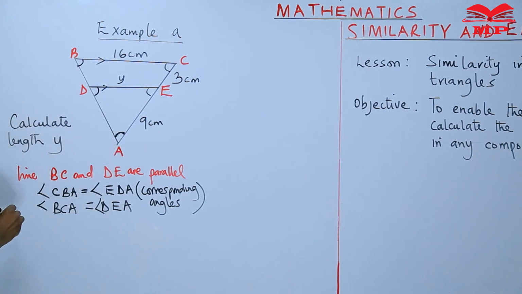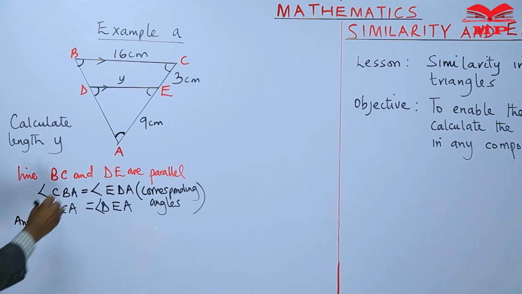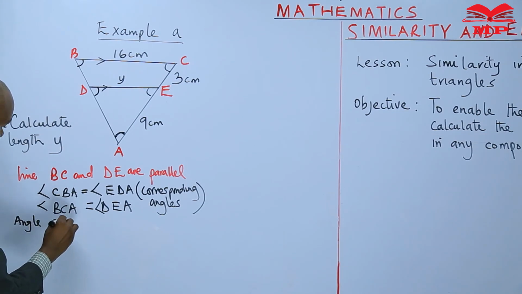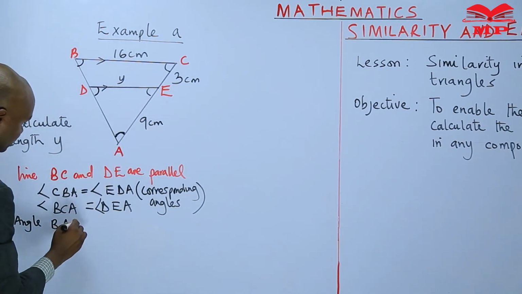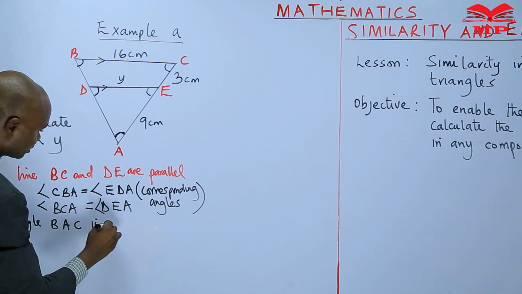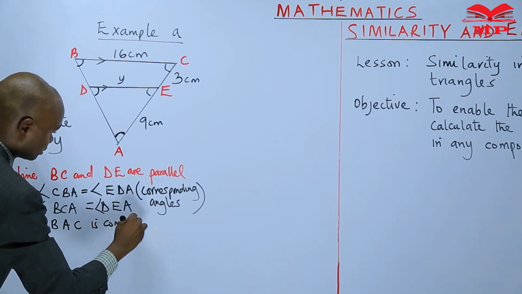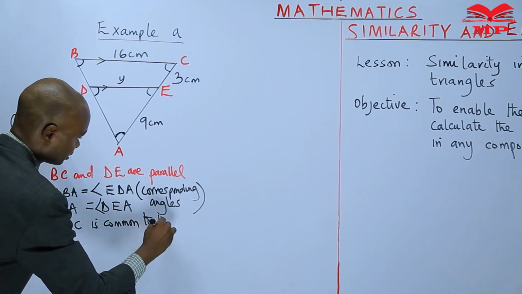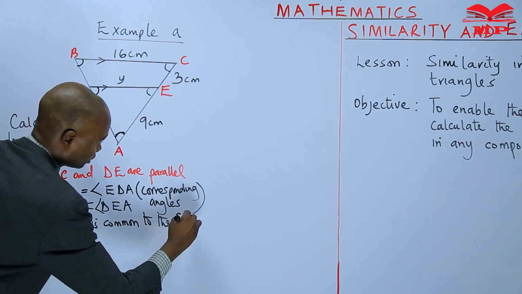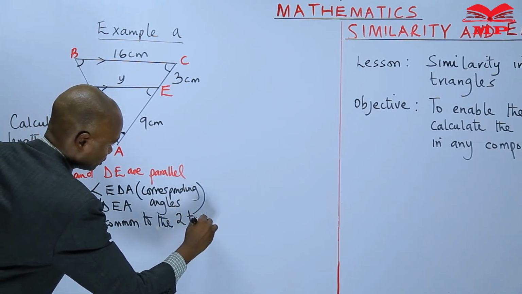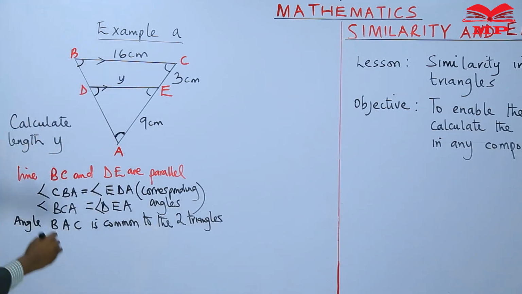So you say angle BAC is common to the two triangles ABC and ADE.